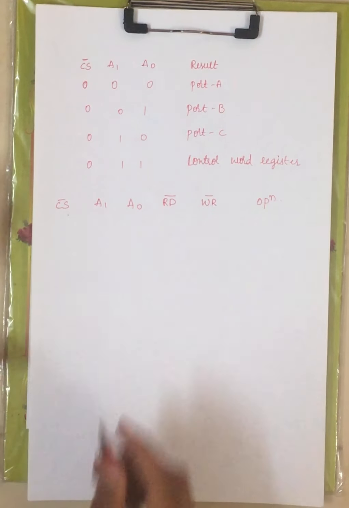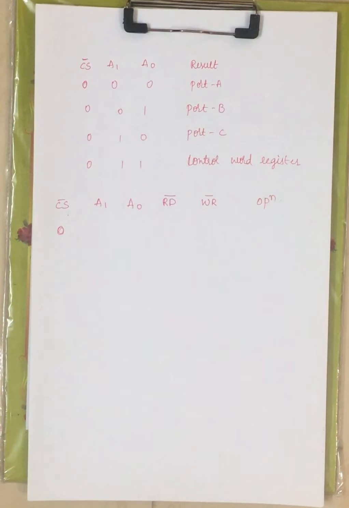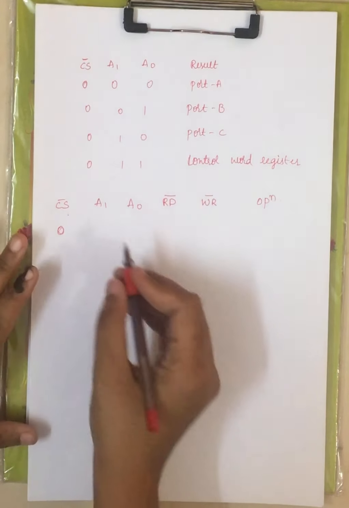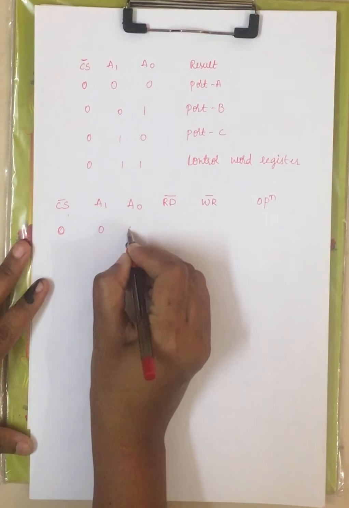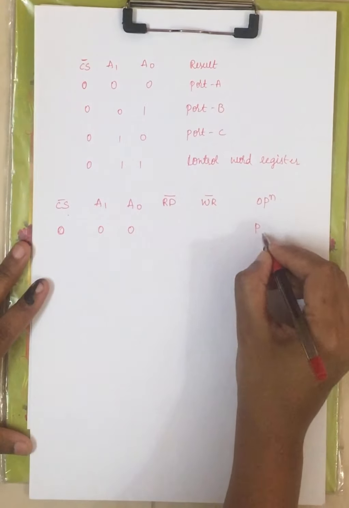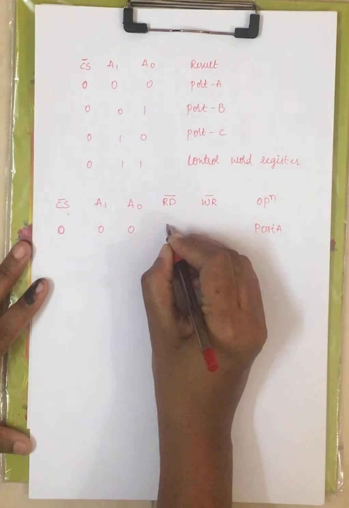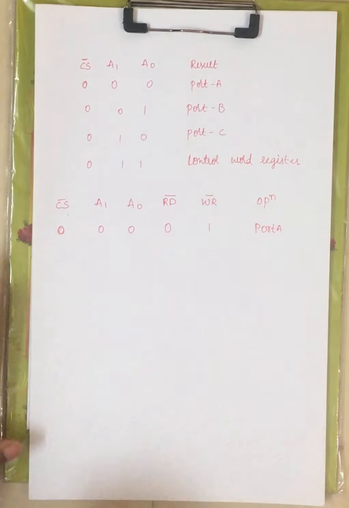We will see. Now chip select is always 0 in order to communicate with the microprocessor. When A1 is 0 and A0 is 0, which port is selected? If you see this table, port A is selected. Now the read signal is 0 and the write signal is 1.